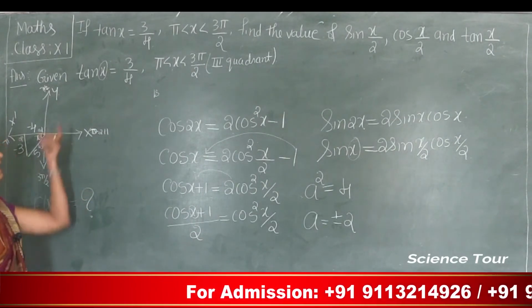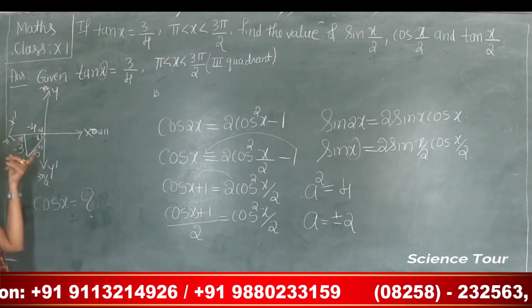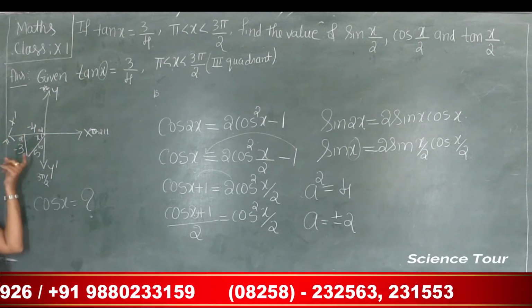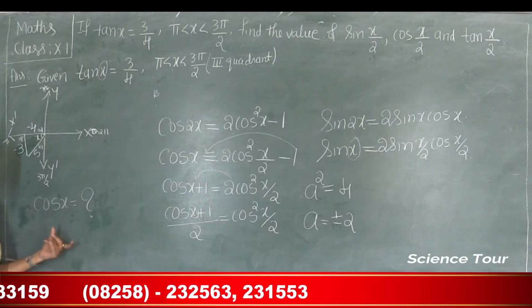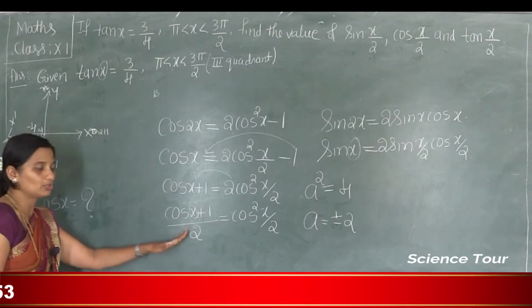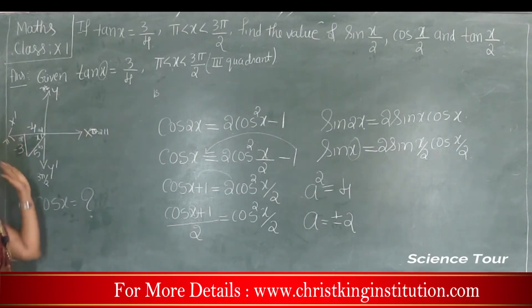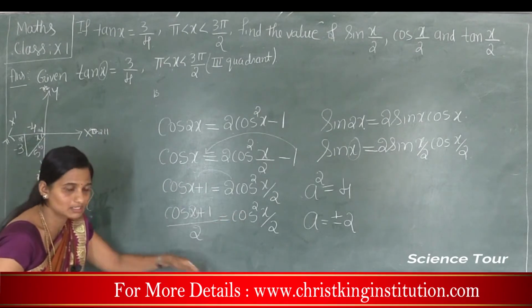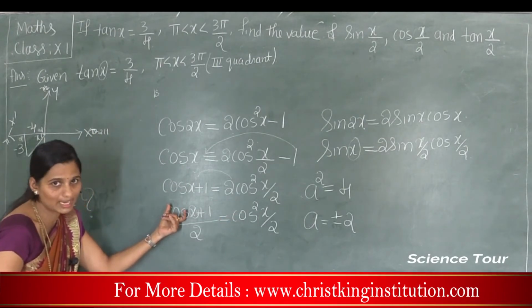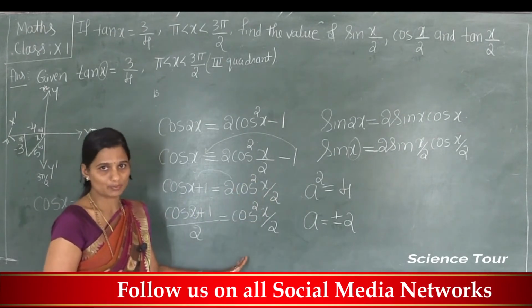That's why I wrote this tan 3x or tan x in this figure. So by this you can write any trigonometric function with the x related to that question. Clear, no? Yes. Why I wrote this figure? Because to find cos x by 2, I need cos x. Clear, no?